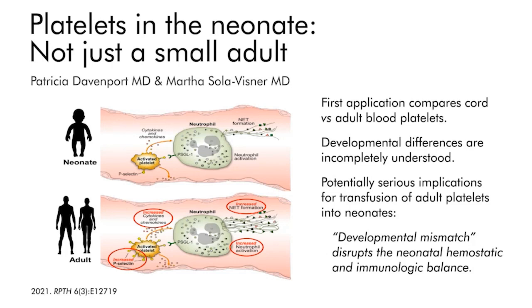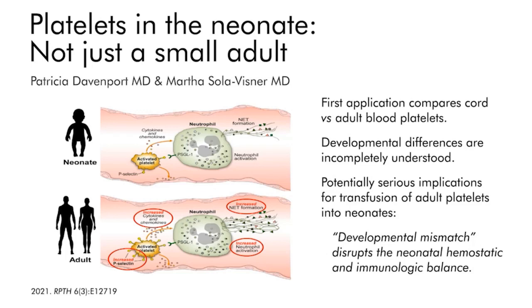But as this figure shows, adult platelets and other blood cells, such as neutrophils, show increased function and reactivity, which results in a so-called developmental mismatch. And this poses a risk of thrombosis and inflammation for the neonates receiving transfusion.